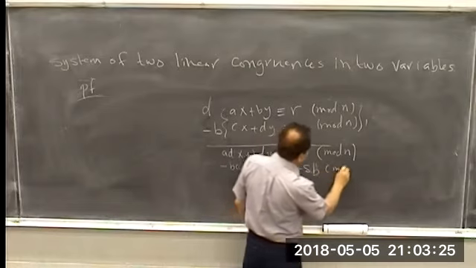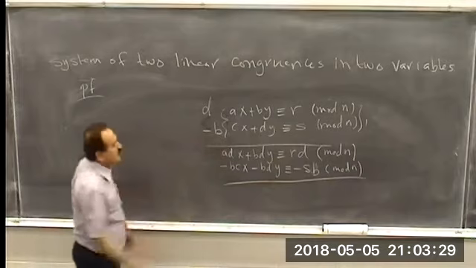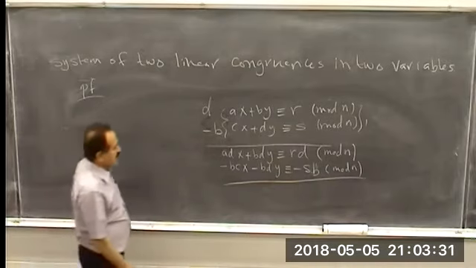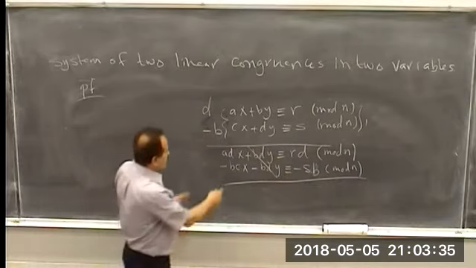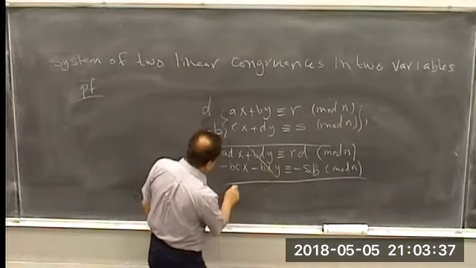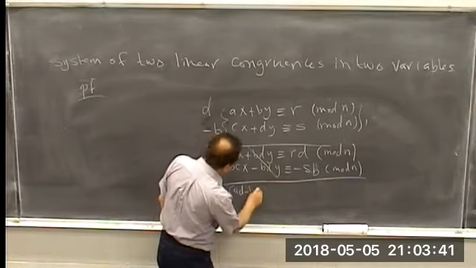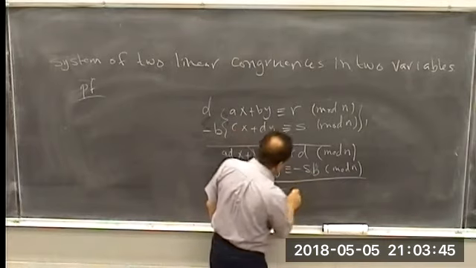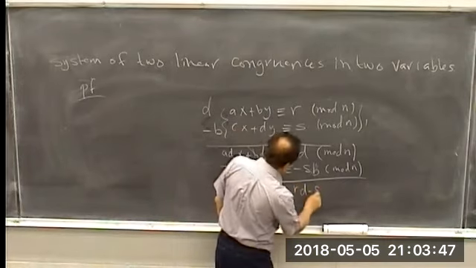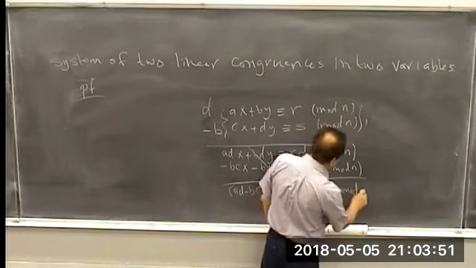Again, mod n. Now I can add two congruences, and we see that y is cancelled out, and then I can rearrange this and end up with (ad minus bc)x congruent to rd minus sb, mod n.